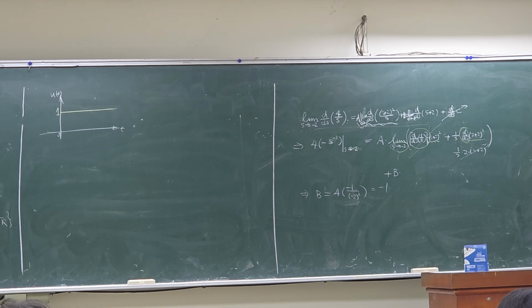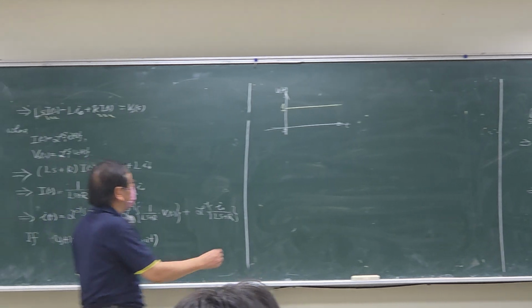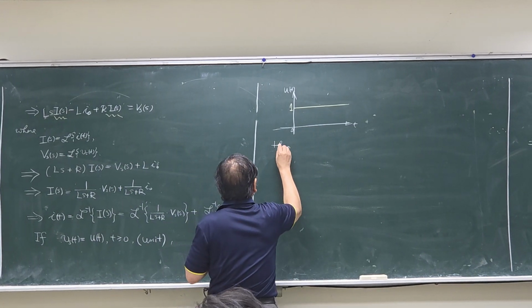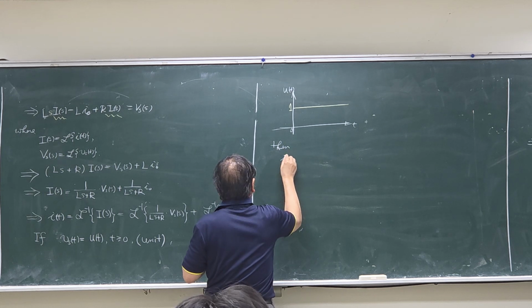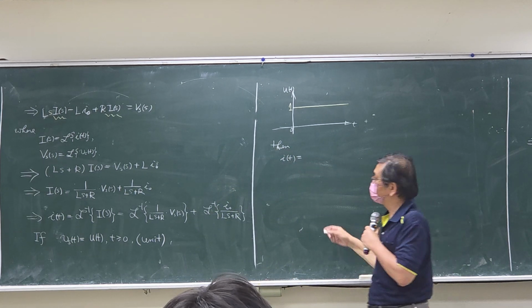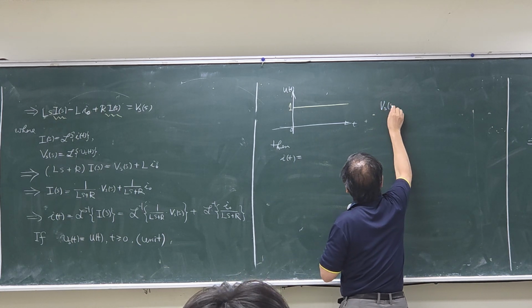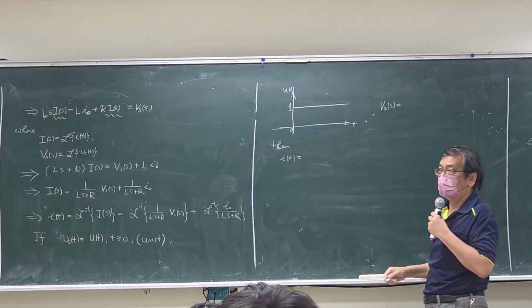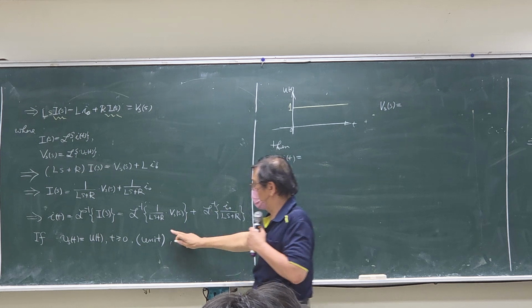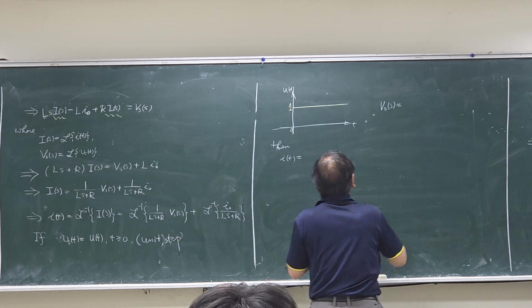That's u(t). So I(t) is equal to what? E is this. What is the Laplace transform of the unit step? One over s. We have to memorize that.